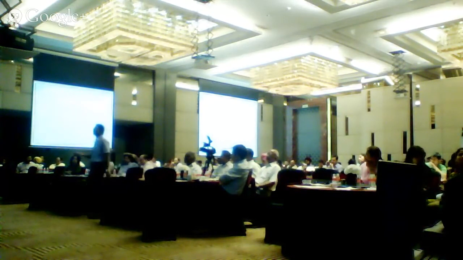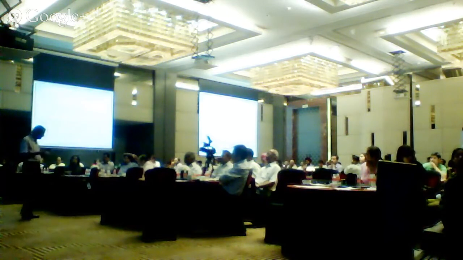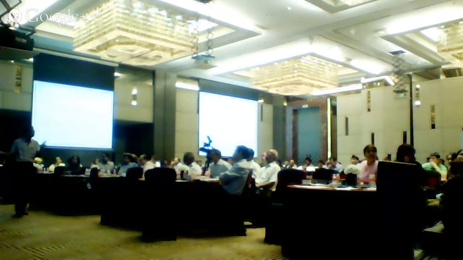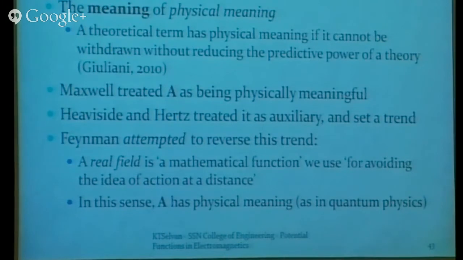Then Feynman, in his lectures, said that no, vector potentials have physical meaning. And at least in quantum physics, potential functions are not just auxiliary functions. But as far as I have seen in engineering electromagnetism, we treat vector potentials as largely auxiliary.